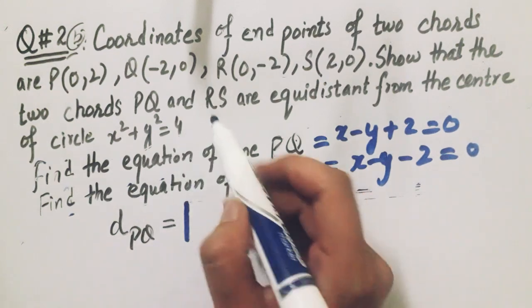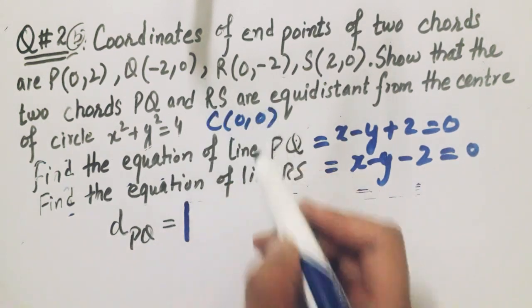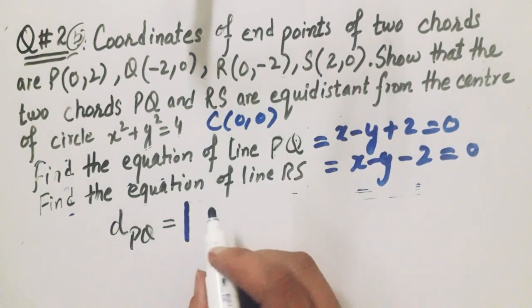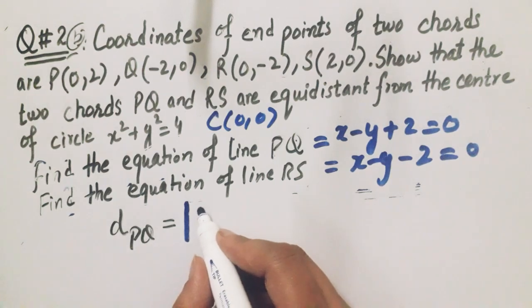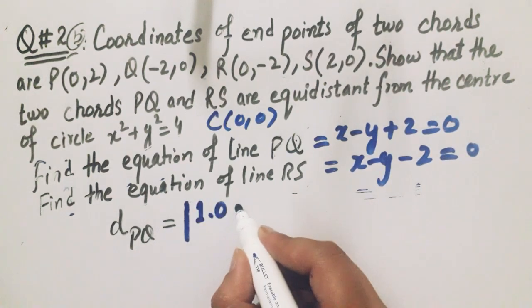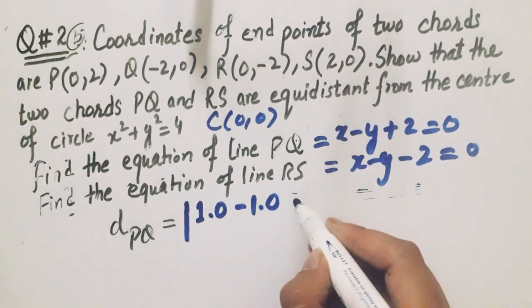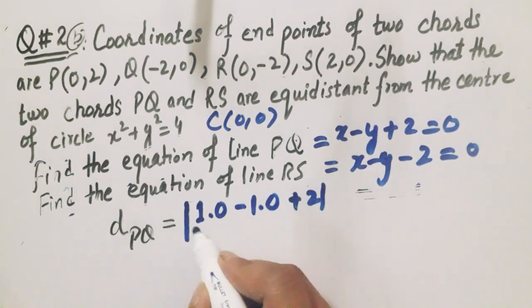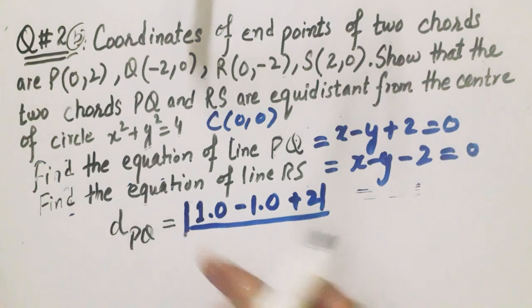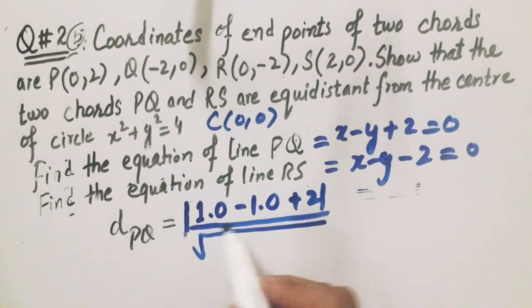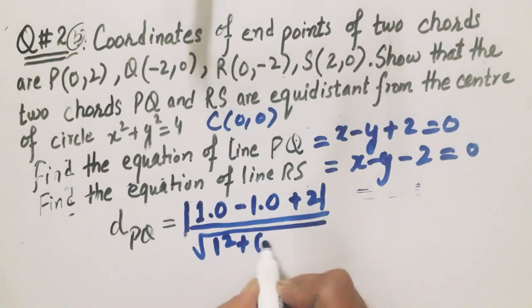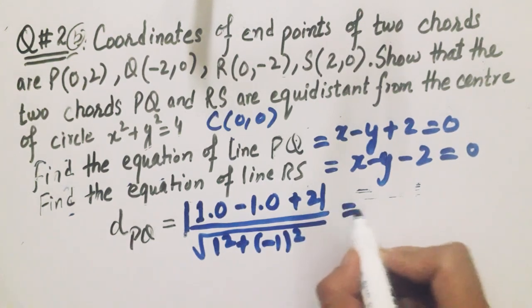So here we have center 0, 0 and radius 4. So |1 into 0 minus 1 into 0 plus 2|, divided by the square root of 1 square plus minus 1 square.